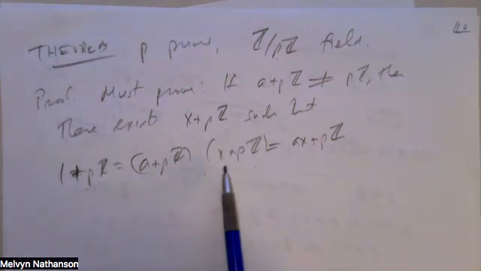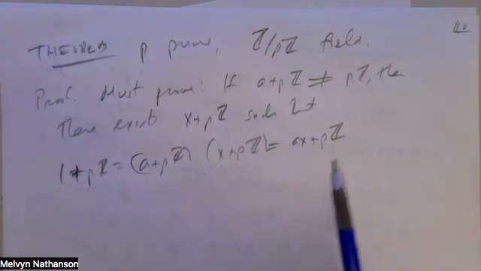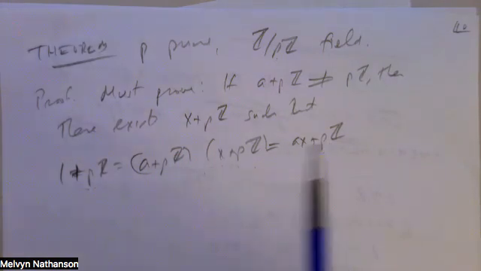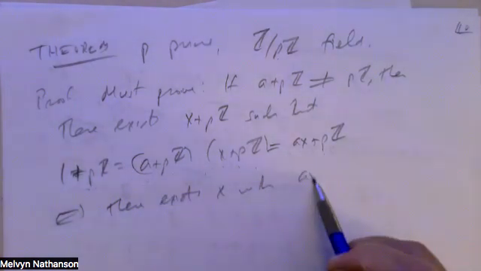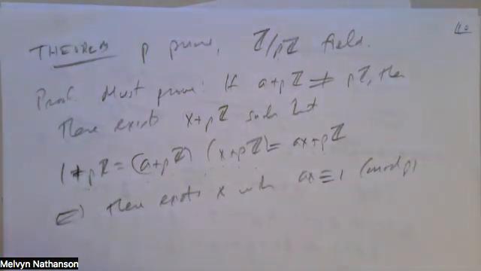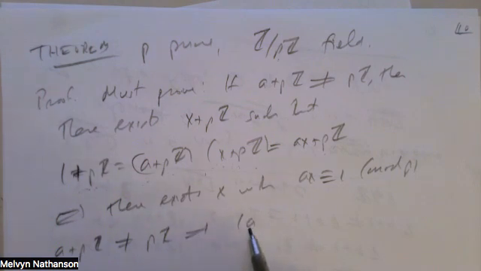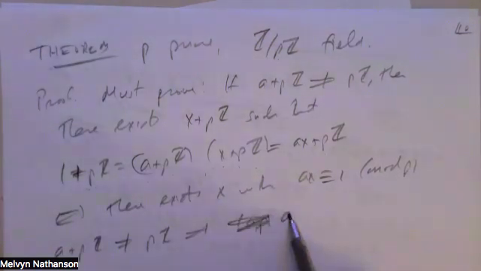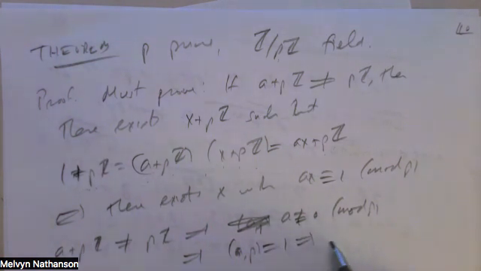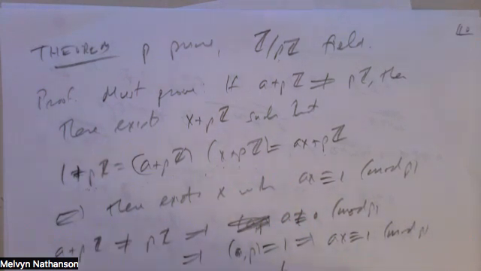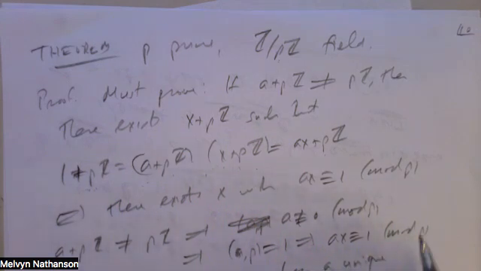The product of these two congruence classes, A mod P and X mod P, is AX mod P. So there's an X such that this holds if and only if there exists X with AX congruent to 1 mod P. And to say that A plus PZ is not the zero class means that A is not divisible by P, so A is not congruent to 0 mod P. P doesn't divide A, so the greatest common divisor of A and P is 1, which means that AX congruent to 1 mod P has a solution, and it's a unique solution modulo P.